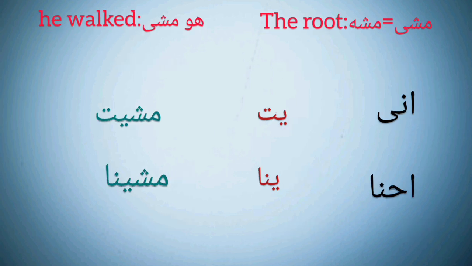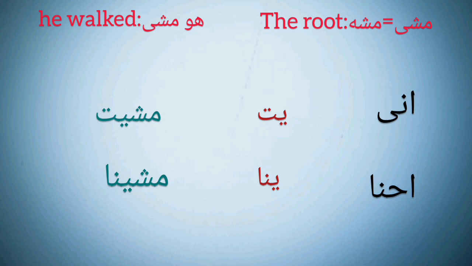As I said before, with the simple roots, we just add et to them. But here, we have to add yet, not et. For example, in the simple roots, we just say أنا جبت. But here, for the roots whose last letter is alif, we have to add yet, not et.